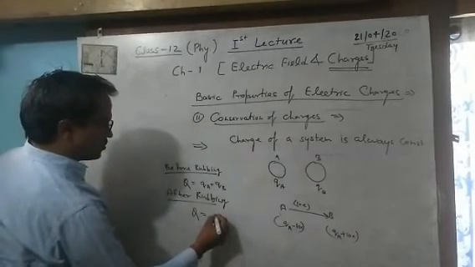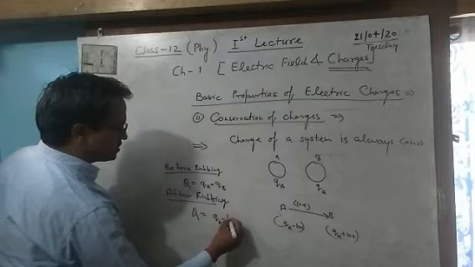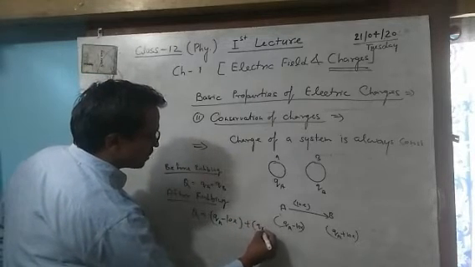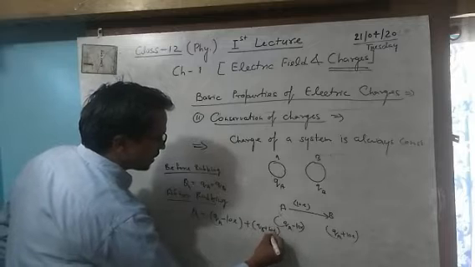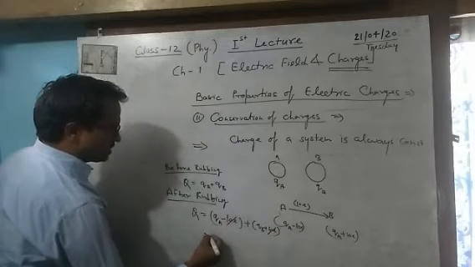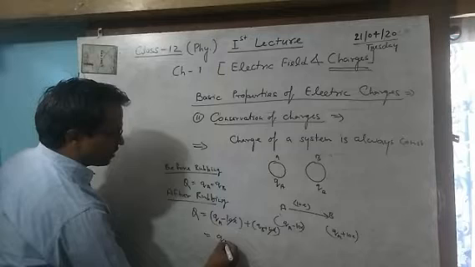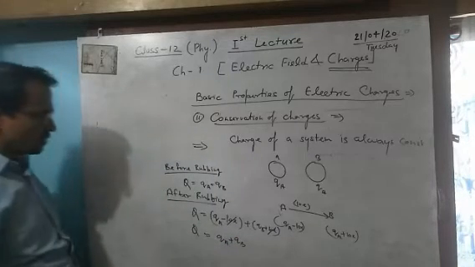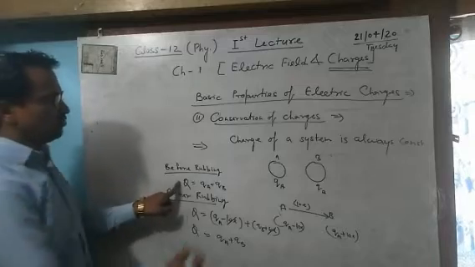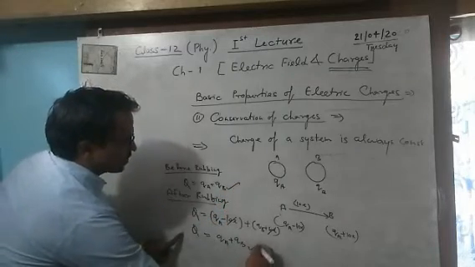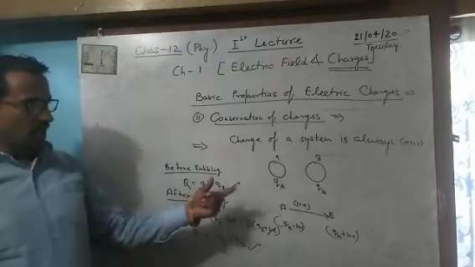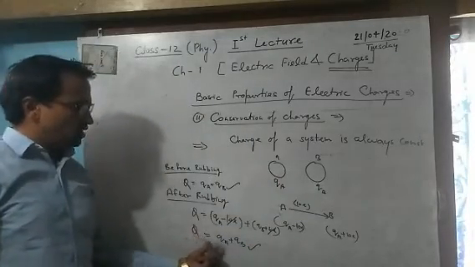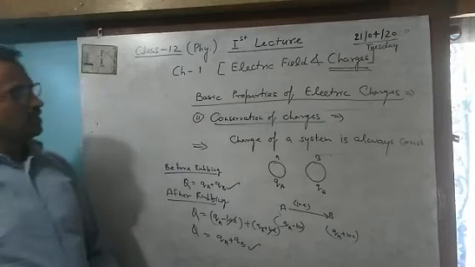So QA minus 10E plus QB plus 10E, and this 10E and this minus 10E cancel out. Now QA plus QB. Here we can say in both situations total charge of the system is constant. That is QA plus QB.